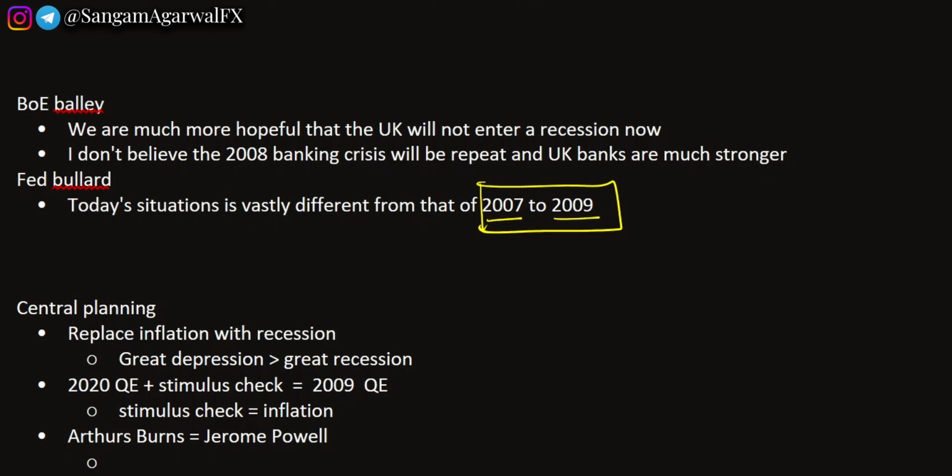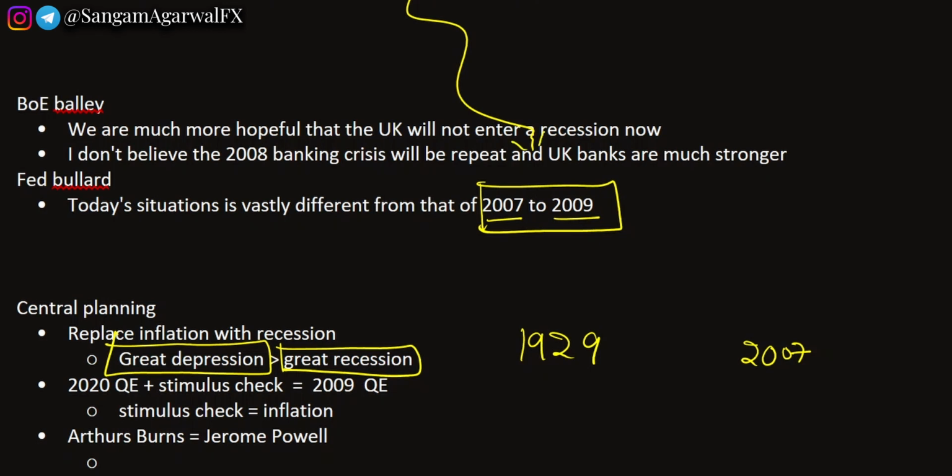They are giving signals indirectly, and their goal is to replace inflation with recession. And when these central bankers together are planning the same recession like last time, then you know whatever comes in 2024 will be bigger than the Great Recession.